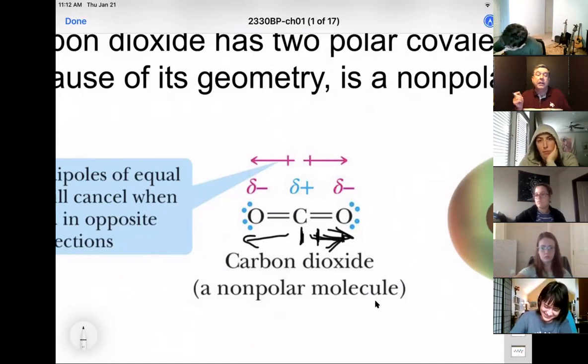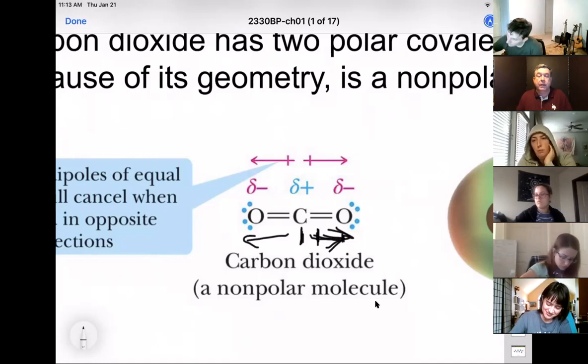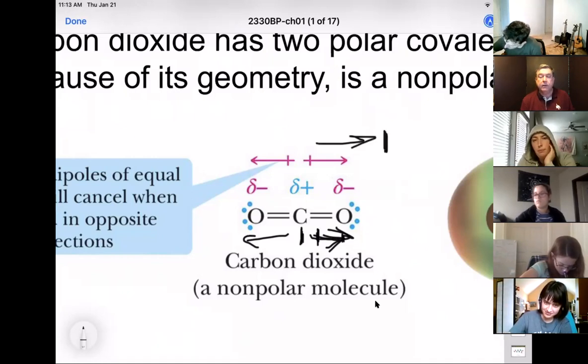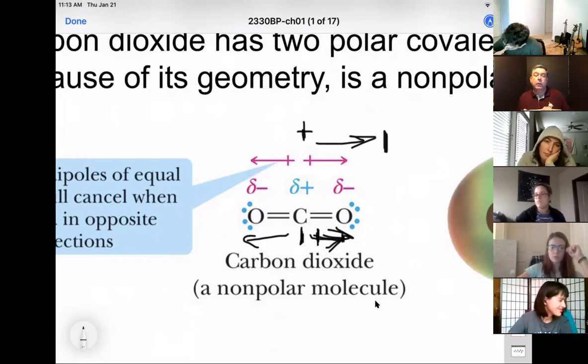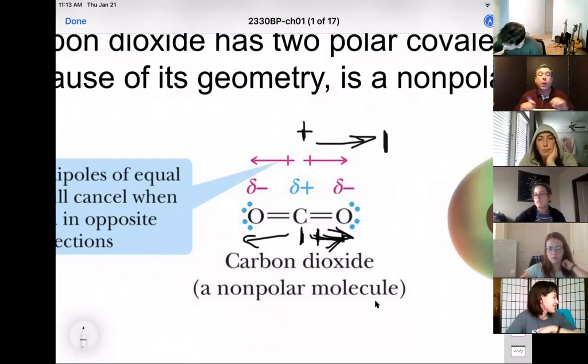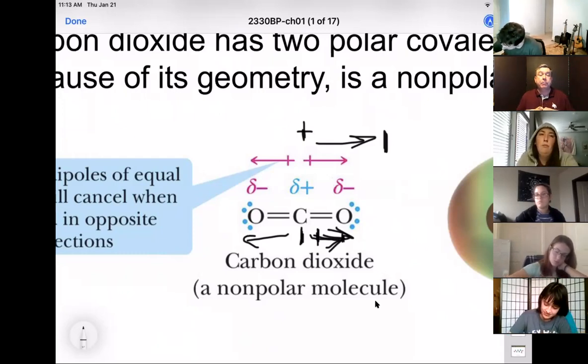We have a positive side and a negative side of that vector or that direction. Okay, so that dipole means that we have a net negative side of the bond and a net positive side of the bond. Okay, so when we think about whether a molecule is polar or nonpolar, we actually have to add up all of the polar bonds and see which direction they point.